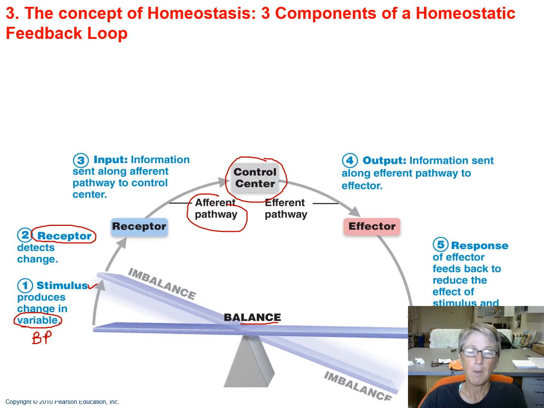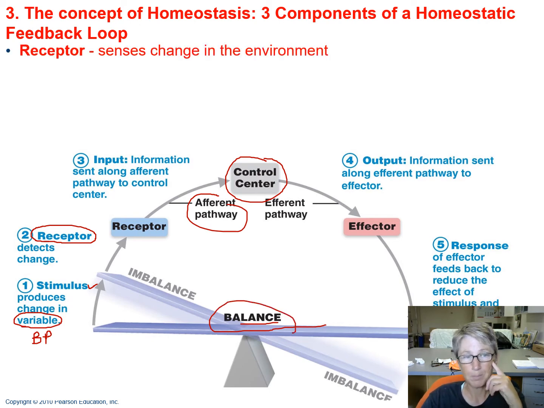So, for example, the control center could send efferent information along neurons to the smooth muscle cells around your blood vessels, and communicate to those blood vessels to vasodilate or get bigger. And then that will decrease your blood pressure, hopefully back into this homeostatic range, this balanced range.